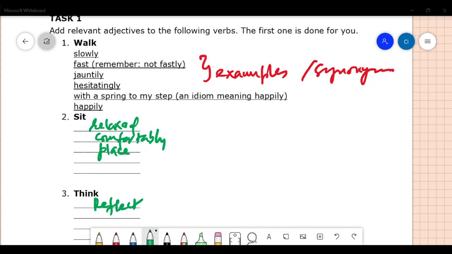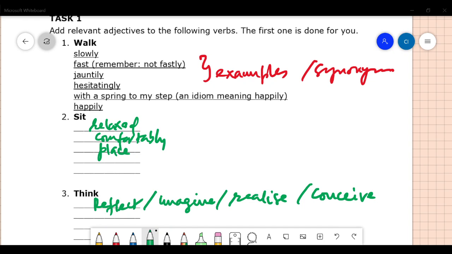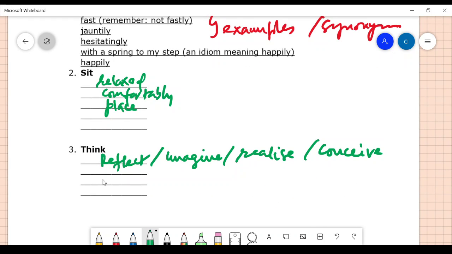What's better for think? Some common ones are: you can imagine, you can realize, you can conceive. Conceive is usually a biological term, used for pregnancy. What is the adjective for that? You just have to get an idea. To write the adjective, you get some ideas.